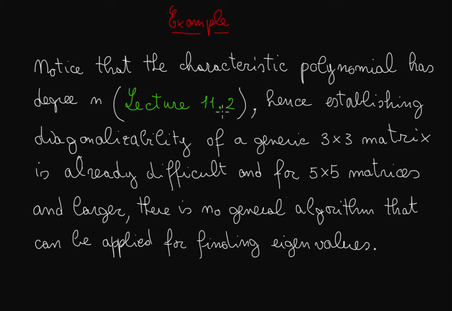We consider now a more general example on which we would like to apply the procedure of lecture 11.2, which is the previous lecture to this one. Notice that the characteristic polynomial has degree n if A is an n by n matrix. Hence, establishing diagonalizability of a generic 3 by 3 matrix is already difficult because it requires finding roots of a degree 3 polynomial.